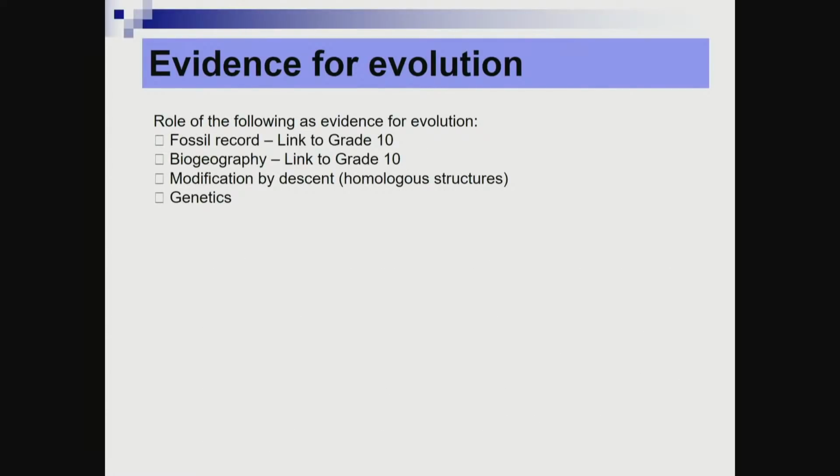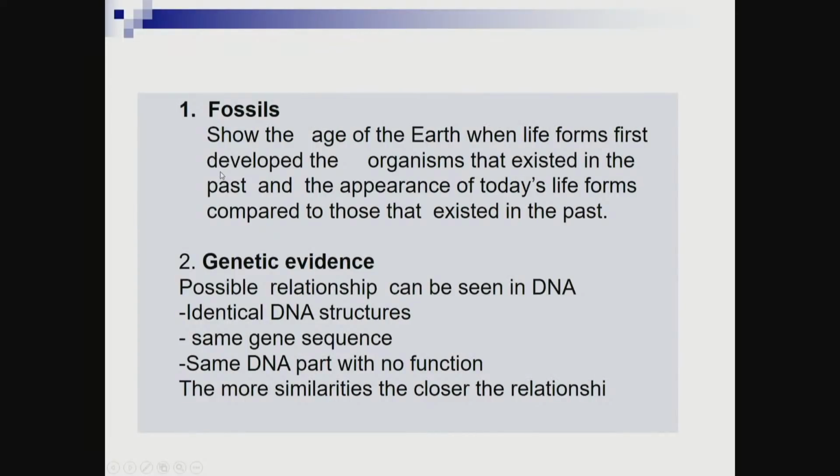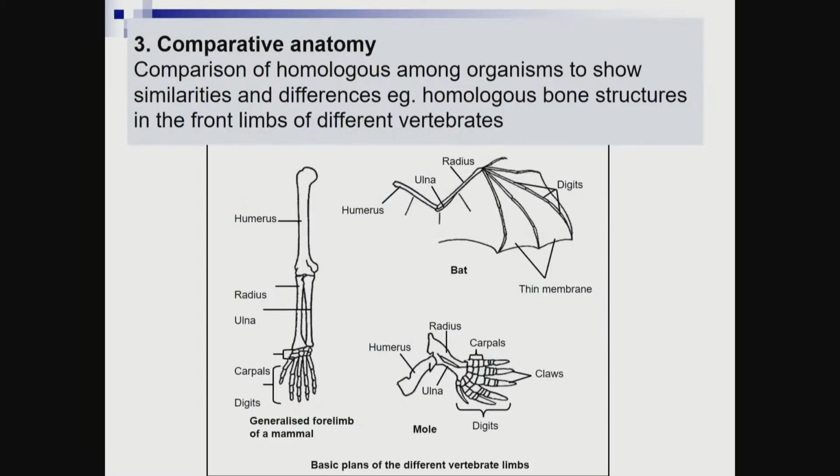Evidence of evolution, very important. We have fossil records, we have biogeographic, we have homologous structures, and we have genetics. Fossils, explanation of fossils, explanation of genetics. Homologous structures, remember the build is the same, but the function is different.